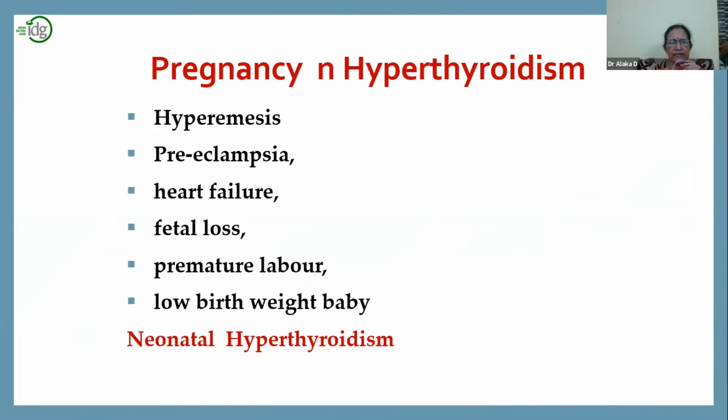Pregnancy and hyperthyroidism. Again, it is not mandatory, like in hypothyroidism, that you have to do TSH in every pregnant woman, because the fetal growth depends on maternal thyroxine. But that is not the situation with hyperthyroidism.